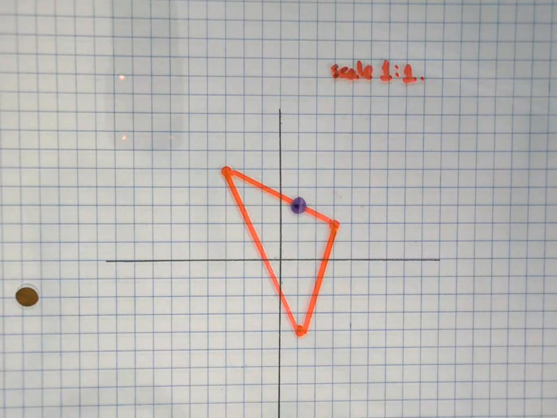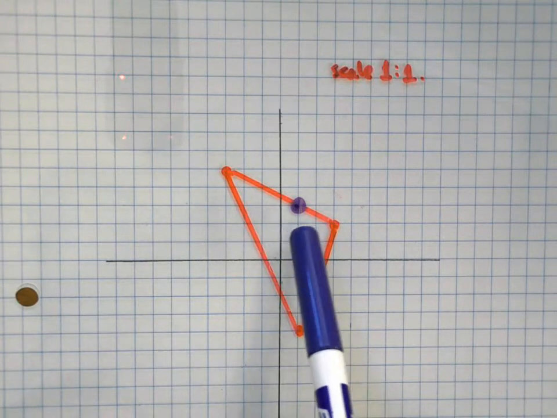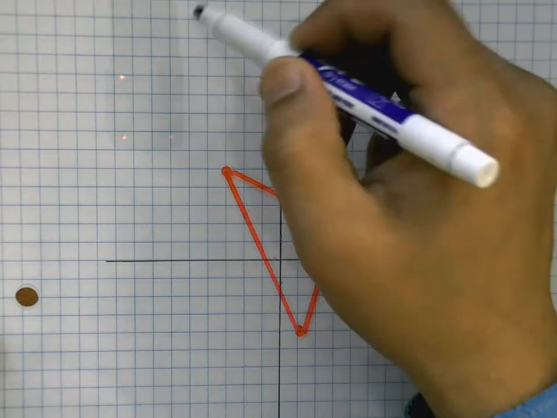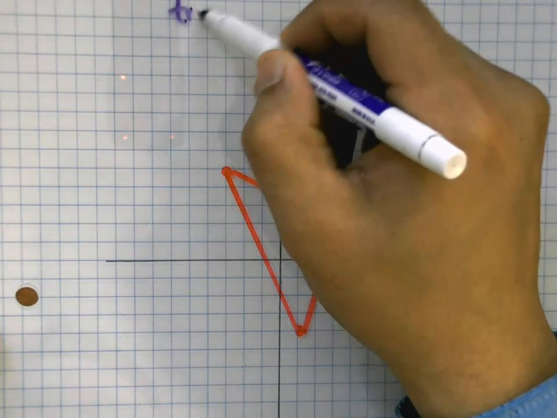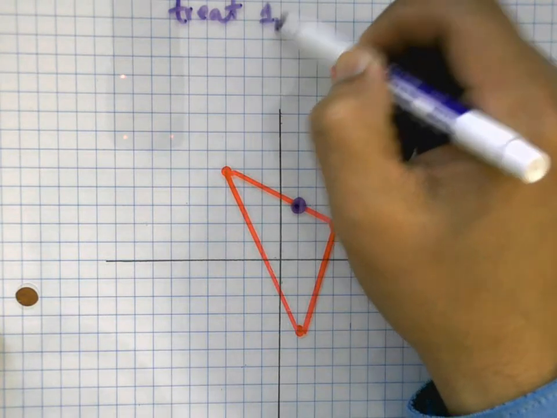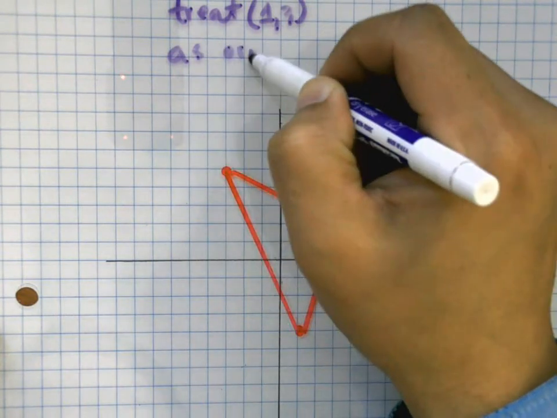Okay? So we're going to apply a very beautiful technique, which is to pretend like this purple point here is the origin. Okay? So treat (1, 3) as the origin.